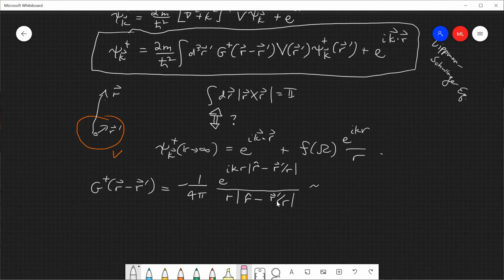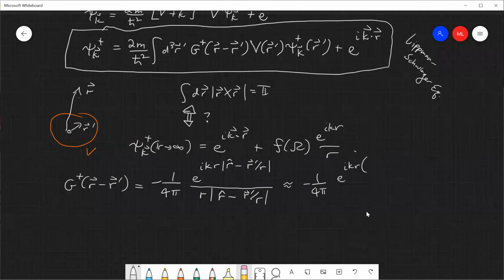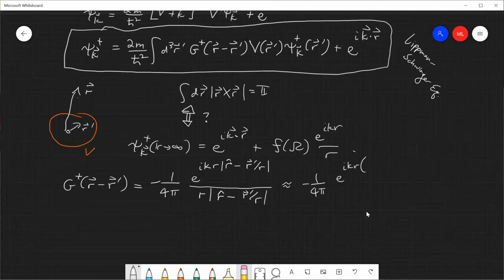So this is equal to minus 1 over 4 pi e to the i k r. And then we just pick the first two terms in the Taylor series. The first one is just 1. And then you have a minus r hat dotted into r vector prime over r.